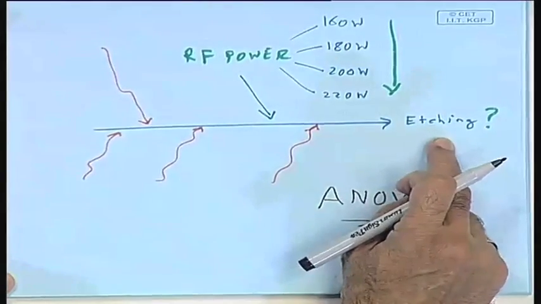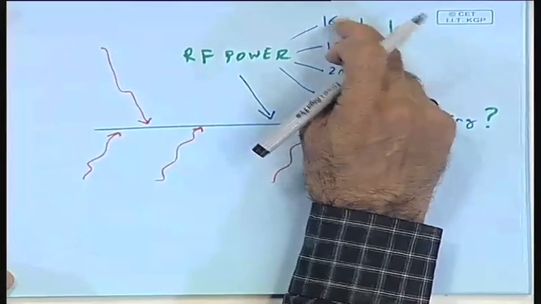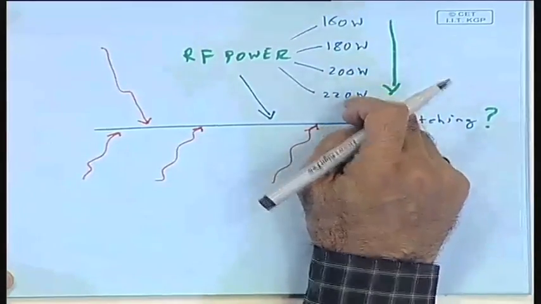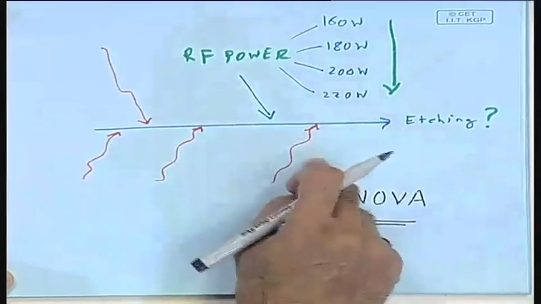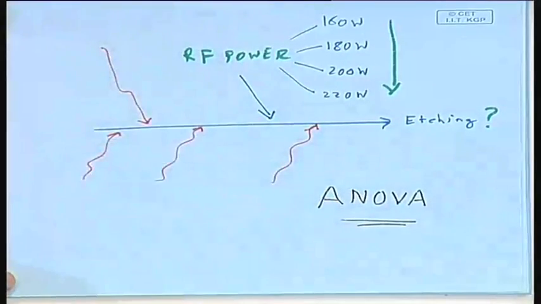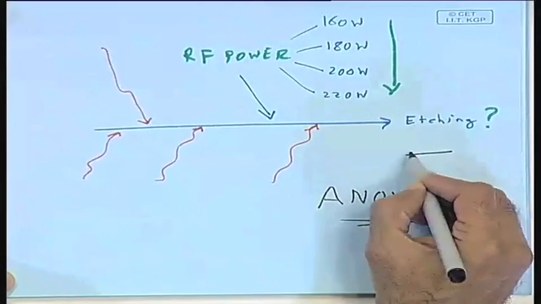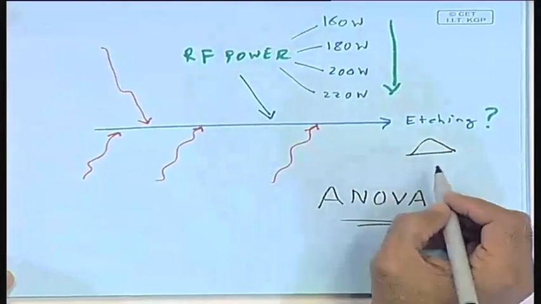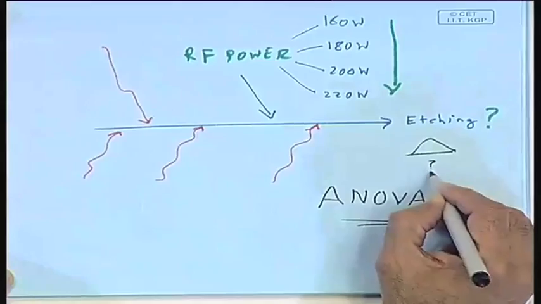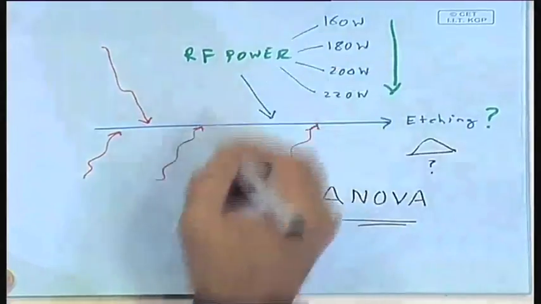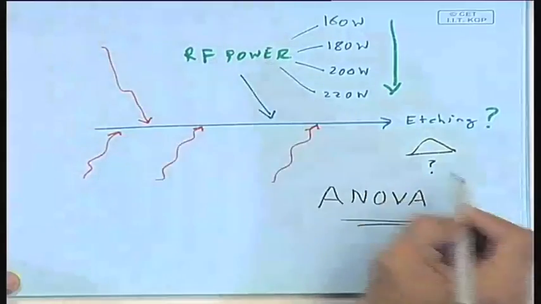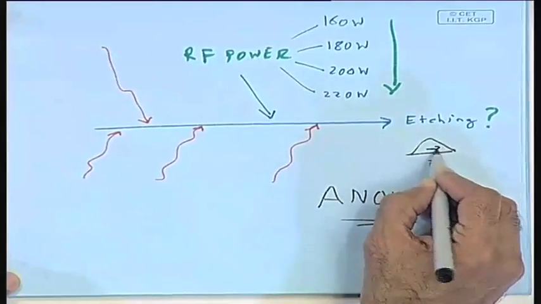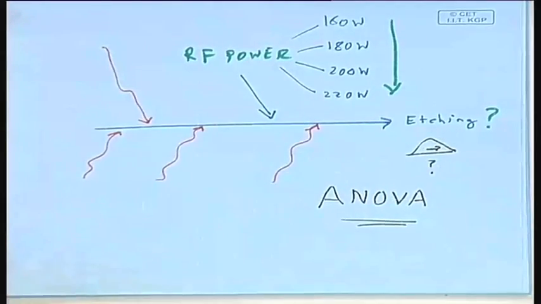Can you tell that there is an impact when I change power from 160 to 180 to 200 to 220, when this response itself is variable, caused by these noise variables? I'd like to really know whether changing RF power has an effect. Does it shift the process, does it shift that etching response in any way?